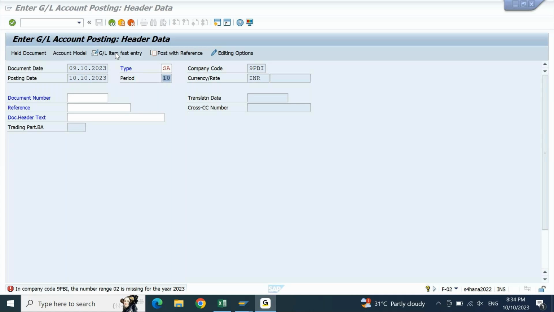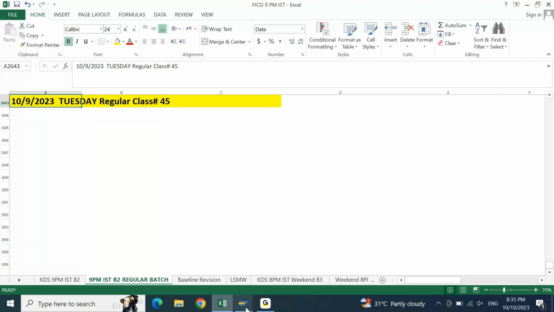All right, any questions on this ledger-specific posting? Else we will proceed to the next point. Hello, sir. Yeah. Sir, while doing configuration, we will mention K4 and the posting period variant, right?